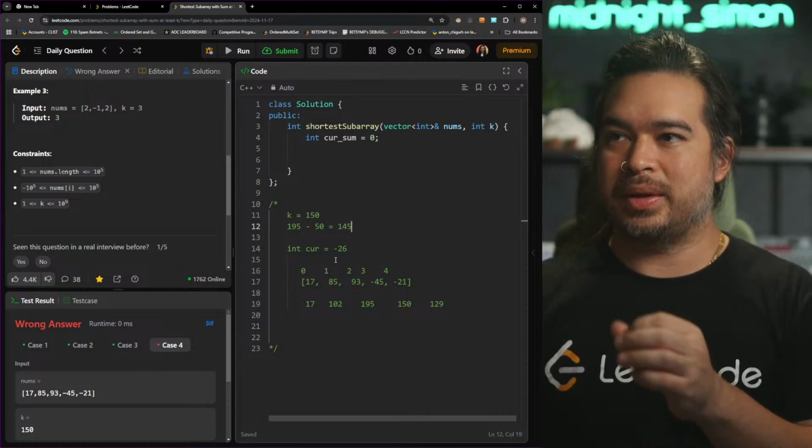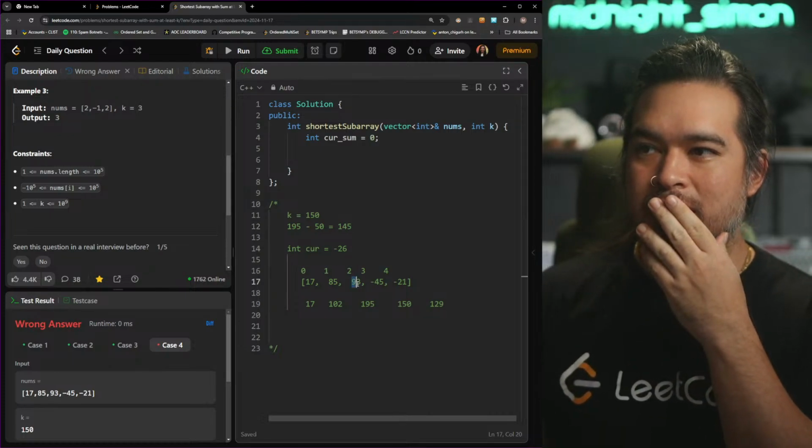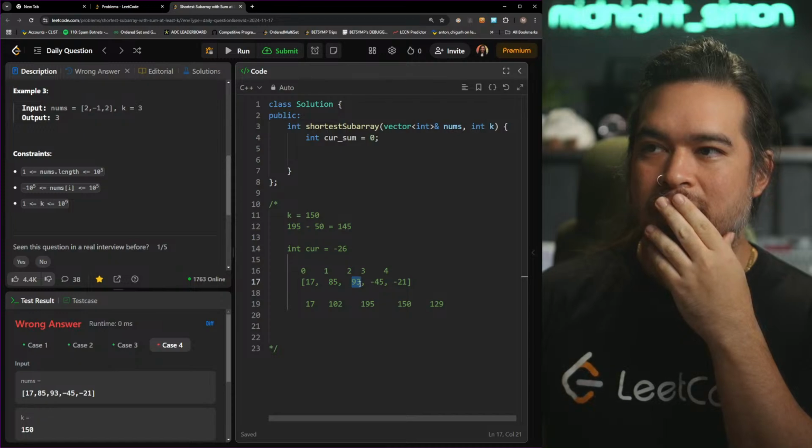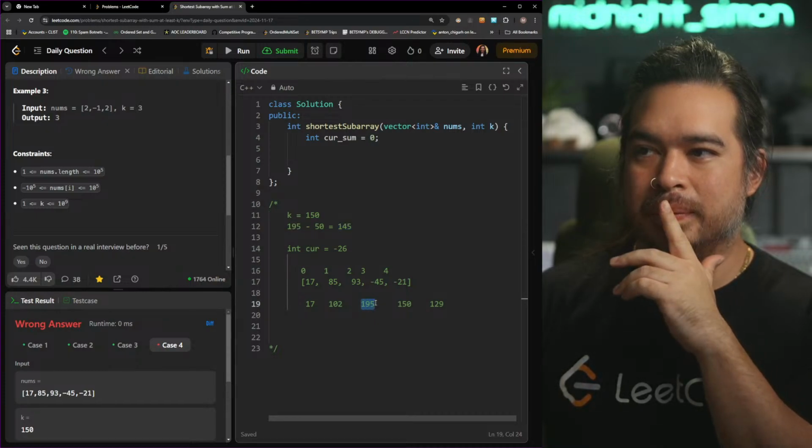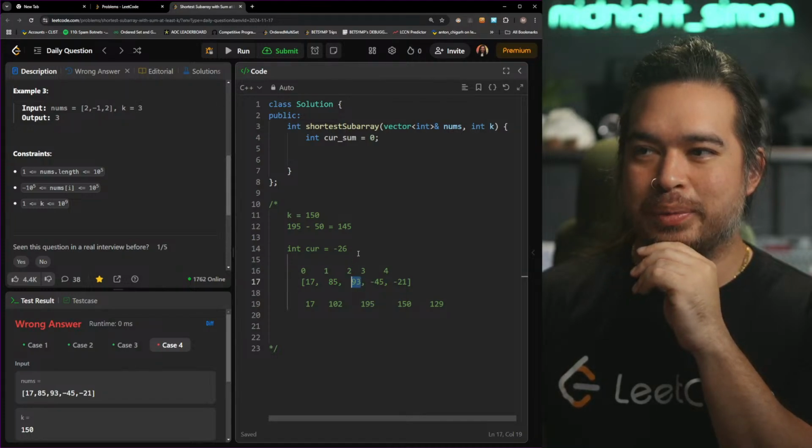So what does that mean? Does that mean, no, I don't like this. This is our running sum. What do we do, man? I can't even do a prefix sum properly here.